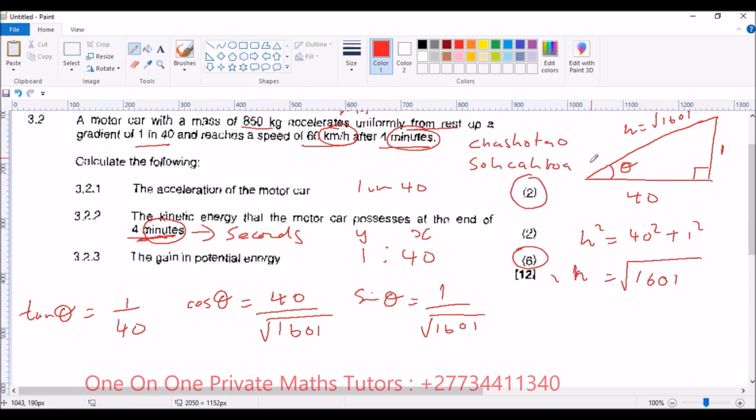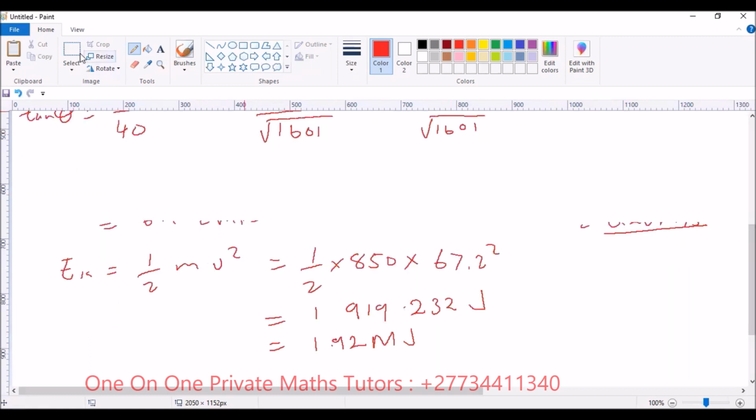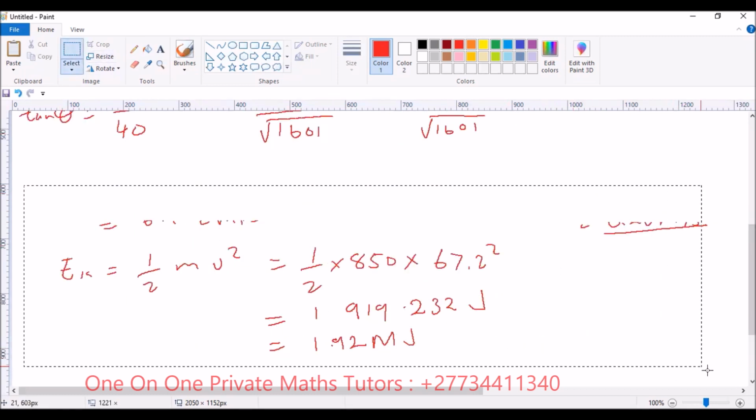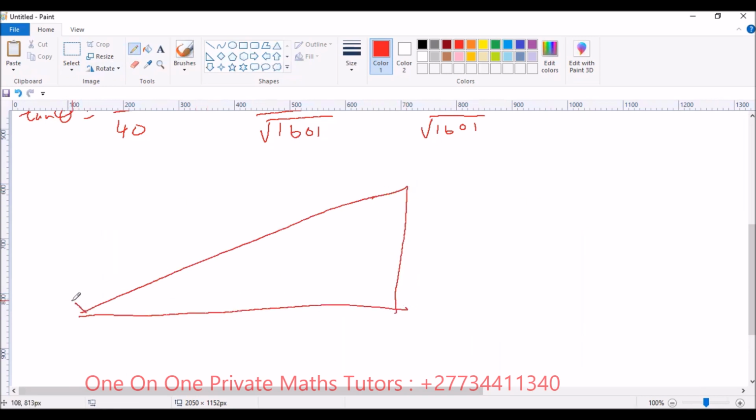All right. Now we have the trig ratios of the sides. What do we want to do? Gaining potential energy. So from the kinetic energy after 4 minutes, we can find the distance traveled. All right. So let's have a diagram just to give us a visual of what is happening. Diagrams are very important. So we are saying this body is moving from here to there.